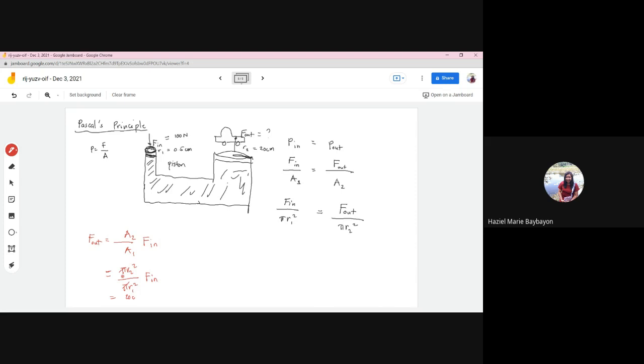Since we're taking the ratio of the same quantity, no need for us to convert.